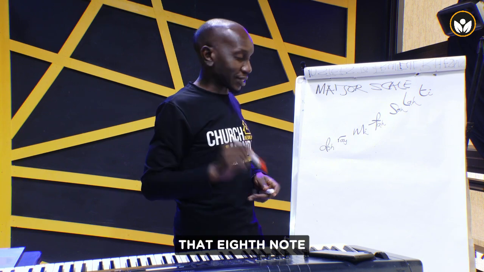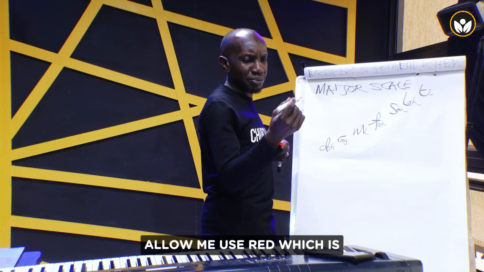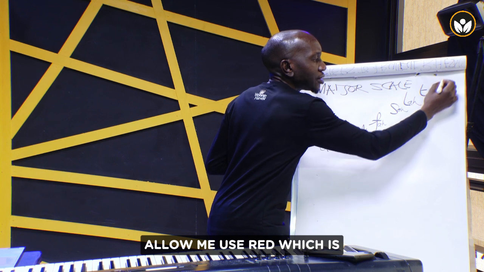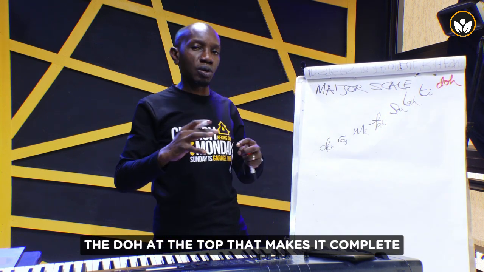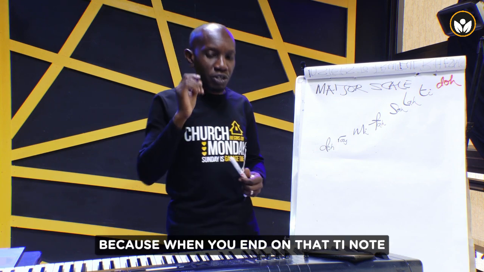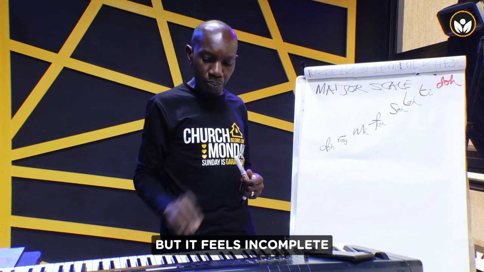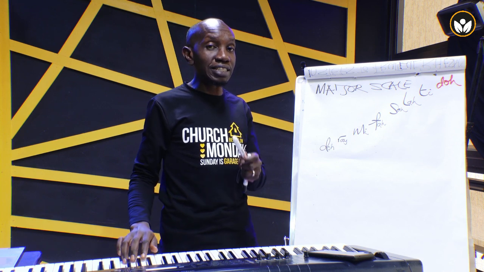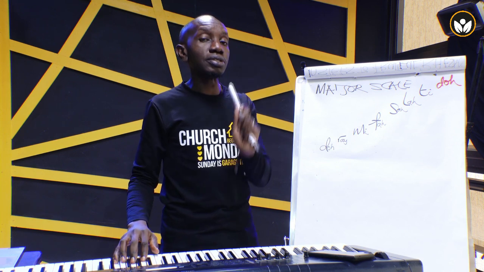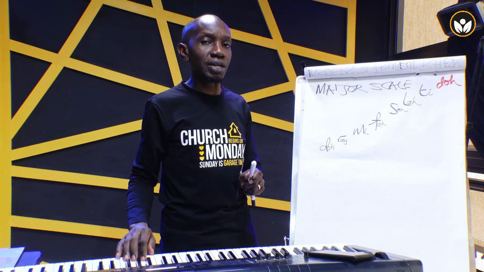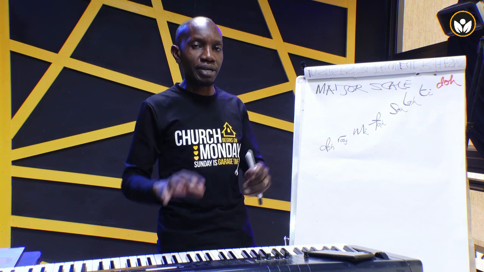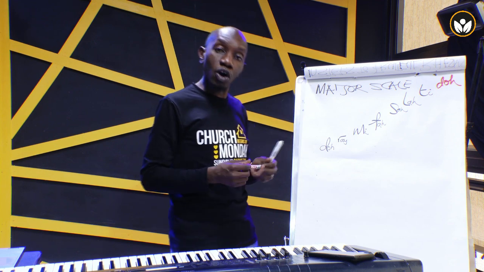The second aspect is the 8th note. Allow me to use red, which is the do at the top that makes it complete. Because when you end on the ti note, it feels incomplete. Do, re, mi, fa, sol, la, ti, do, ti, la, sol, fa, mi, re, do. That makes it what they call an octave.